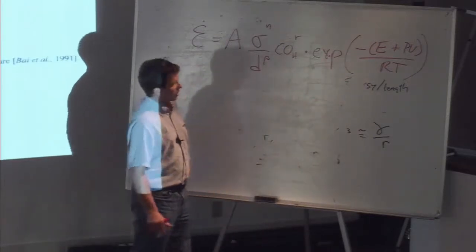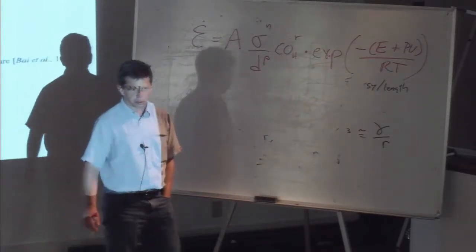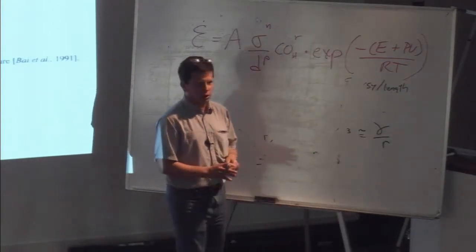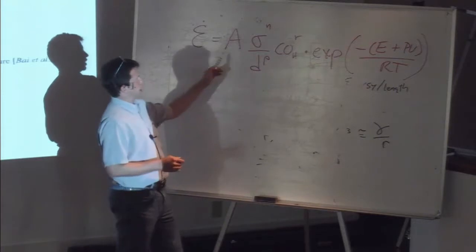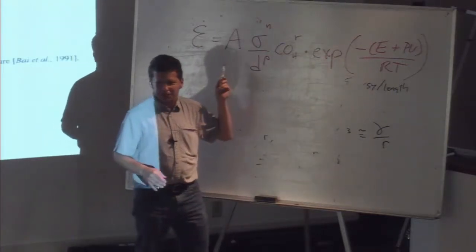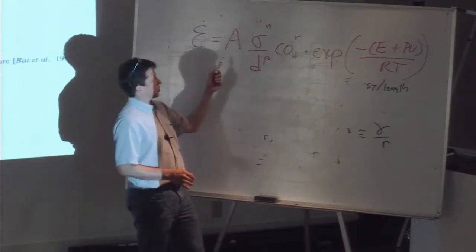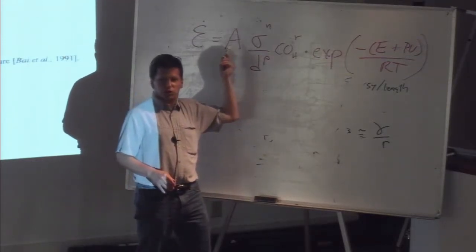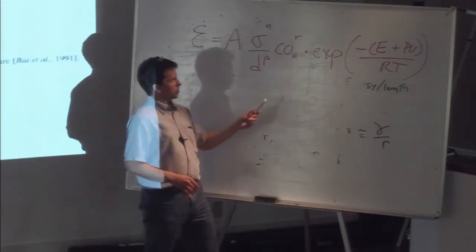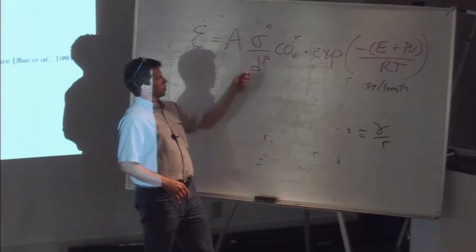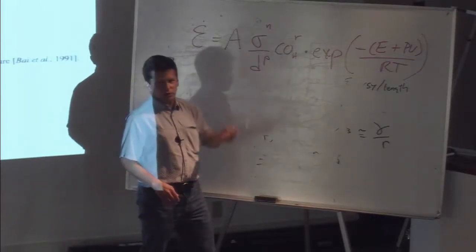And the other thing that's super, super important, and there have been hideous mistakes in the literature from this mistake, is you have to make sure that your units are all consistent. You need to make sure that the units of this pre-exponential constant match the units of your water concentration, grain size, and stress.